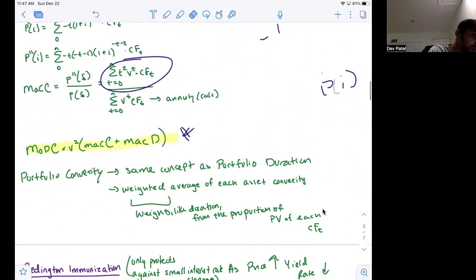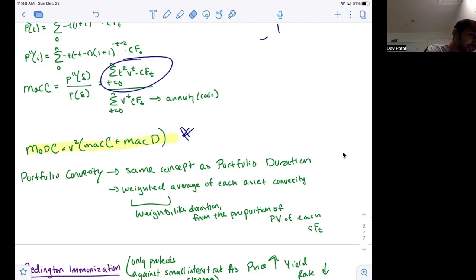And then for a portfolio, convexity is a similar concept to portfolio duration. You get the convexity of each individual asset, and then you take the weighted average of each asset's convexity. Again, the weights come from the present value of the assets, as a proportion of the total present value.